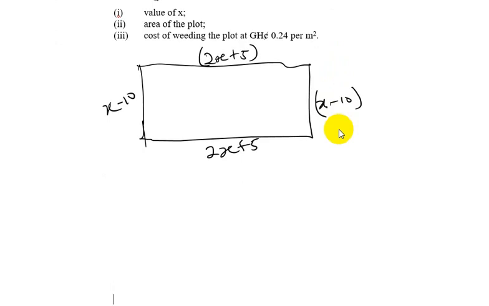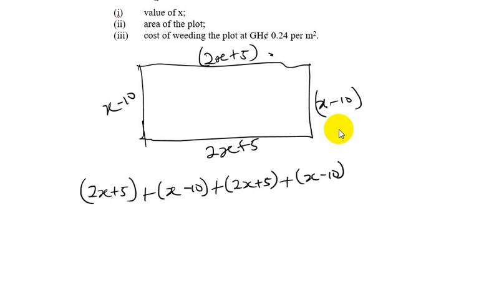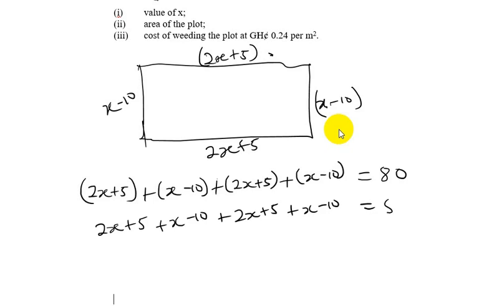So we get 2x plus 5, plus x minus 10, plus another 2x plus 5, plus another x minus 10. That's all four sides, should give us 80.